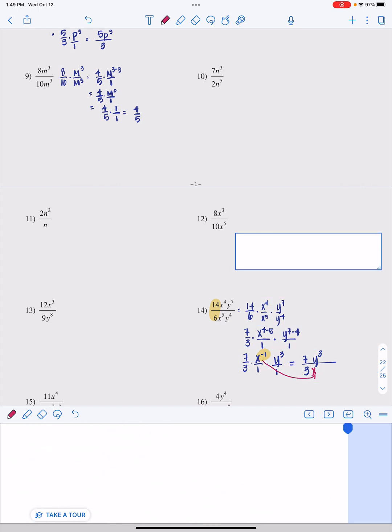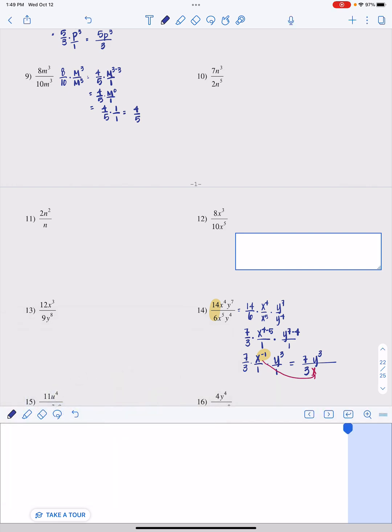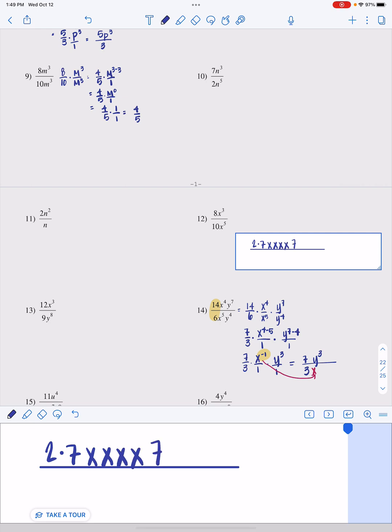I'm going to go up here and show you another way you could think about this one. I'm going to factor everything out. So I really could rewrite this as 2 times 7 with 4 x's and 7 y's.